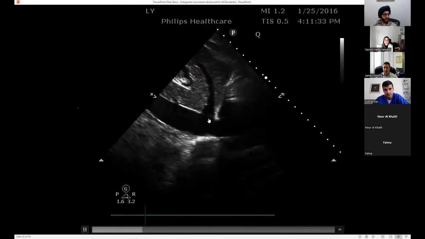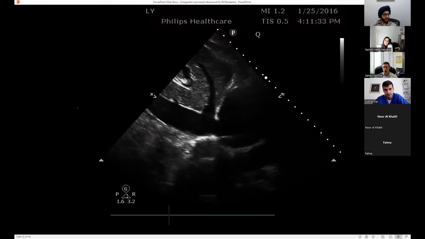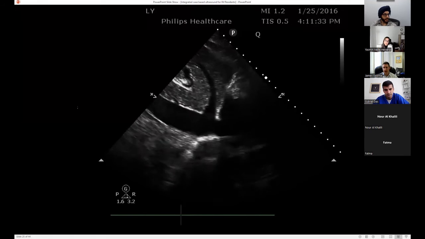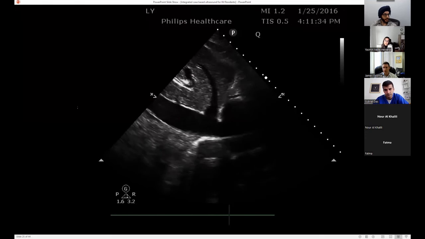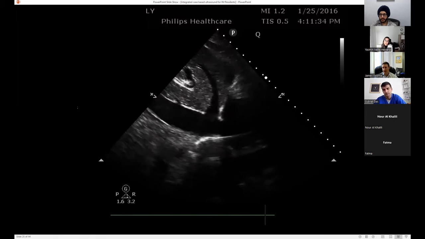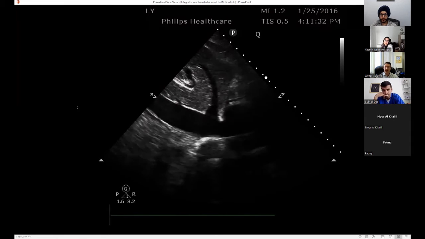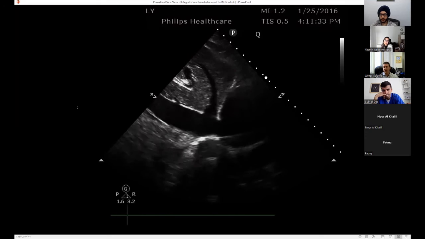This is important because when you're actually doing echo, you want to look at this IVC because you need to know what the CVP is in order to calculate right ventricular systolic pressures and pulmonary pressures, right? That's important too, because if you're going to calculate mitral regurgitant jets and the different pressures between the RA and the RV, you need to have a good view of things like the IVC. The IVC does not tell you volume status.